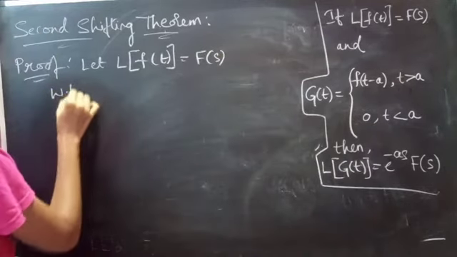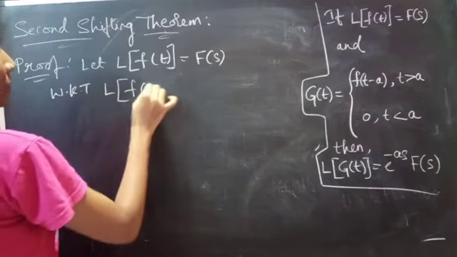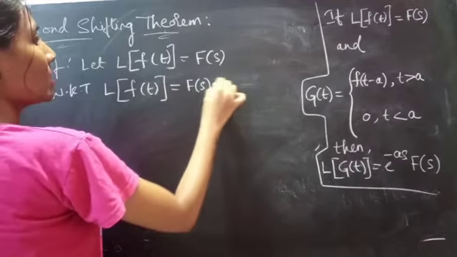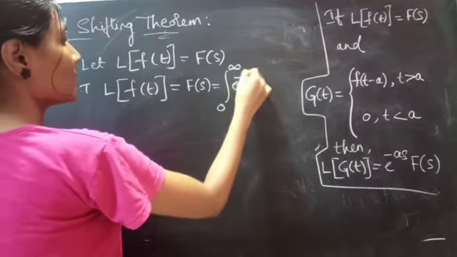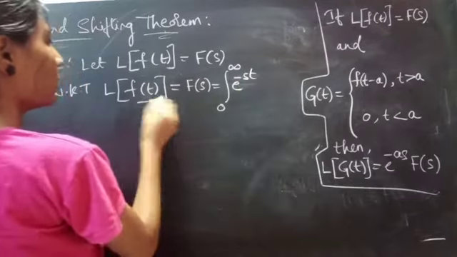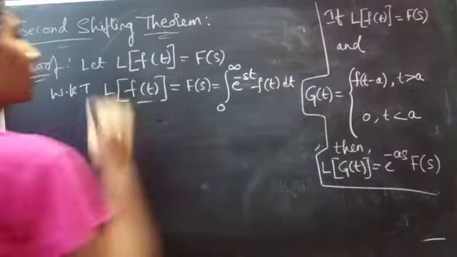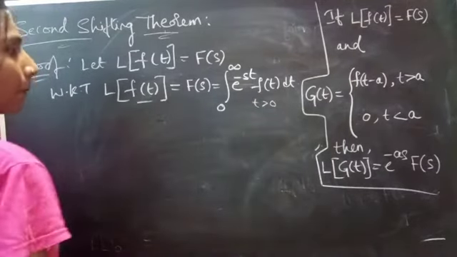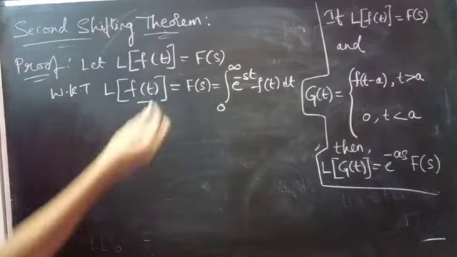We know that L of f of t equals capital F of s equals the integral from 0 to infinity of e power minus st into f of t into dt. This is for t greater than 0, right?